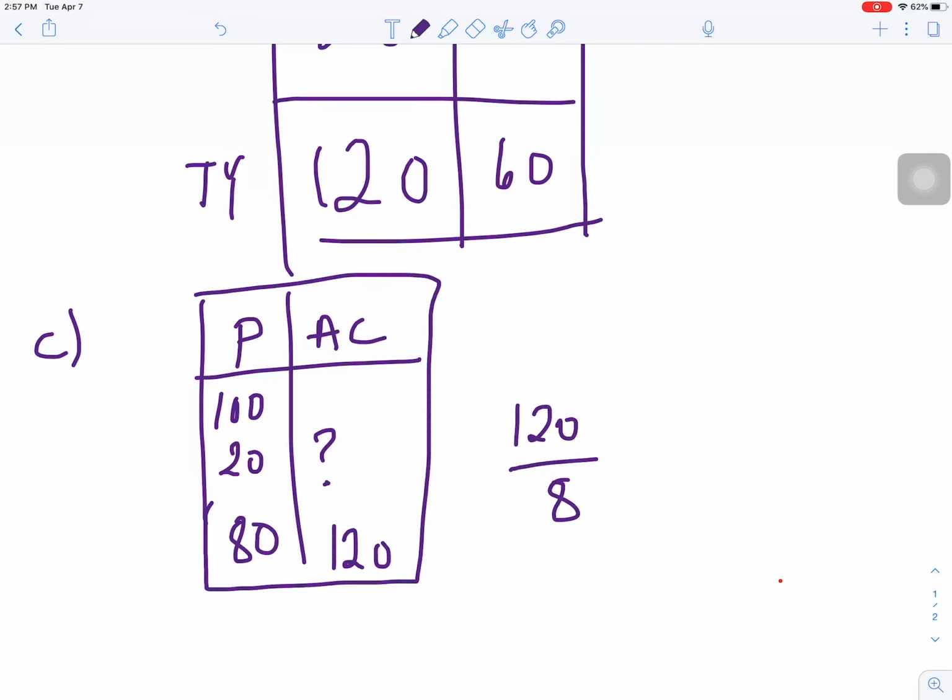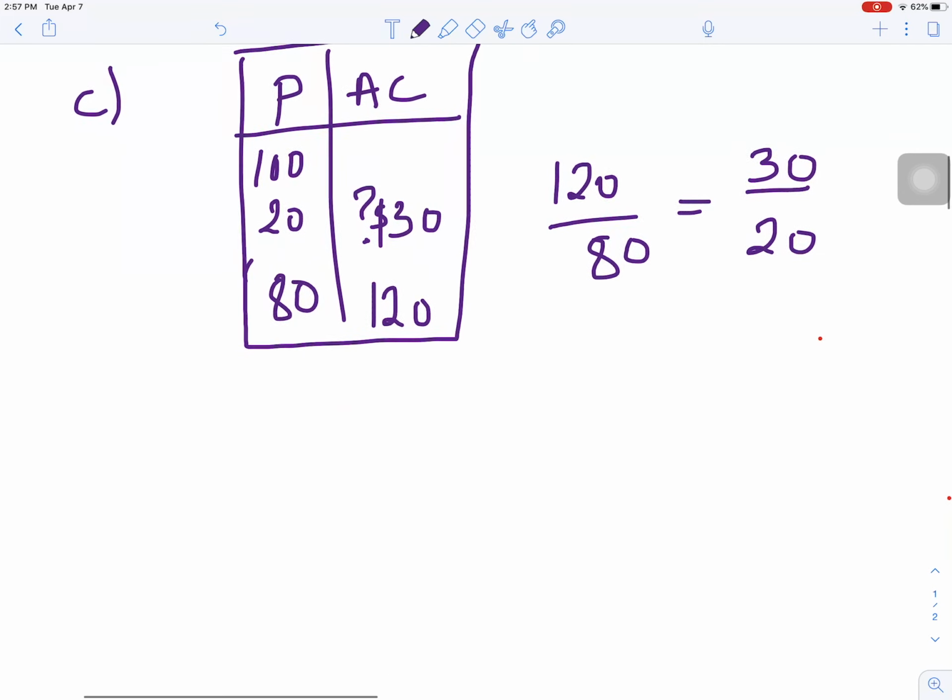So if we look at our numbers, we have 120 over 80 equals, well, we don't know, over 20. So 20 times 120 is 2,400, divided by 80 will get us 30. So you can see that he saved $30 on his bike.